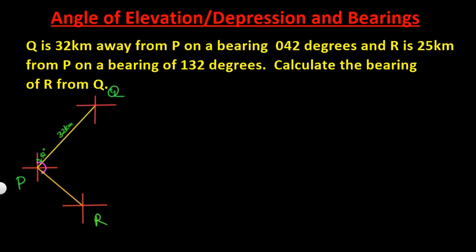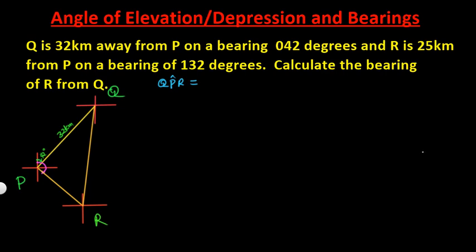Then we have to join this point with point Q. So having it this way now, in this system PQR, the angle P, that is QPR, will be obtained by noticing that the green one here is 42 and the purple here is 132.